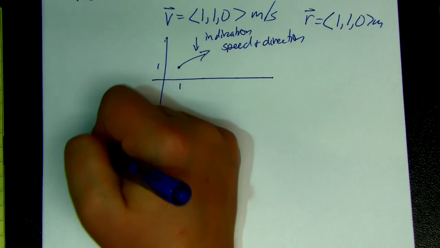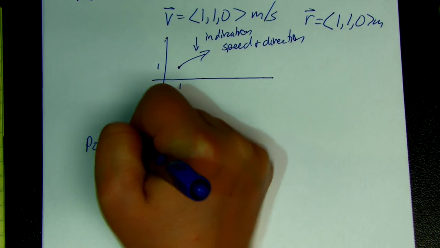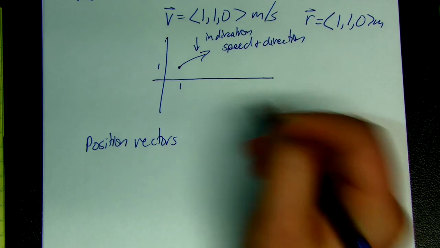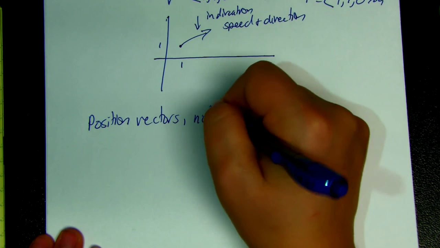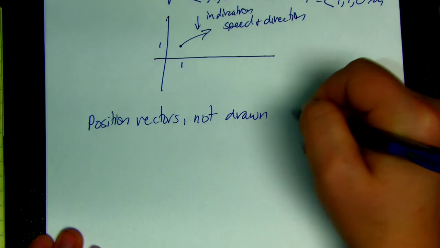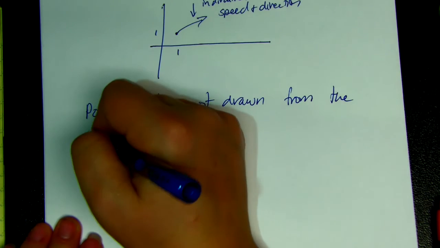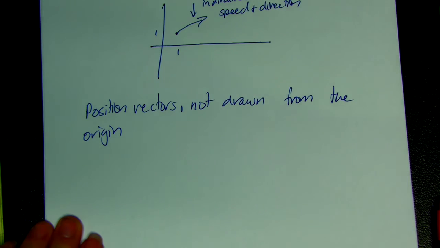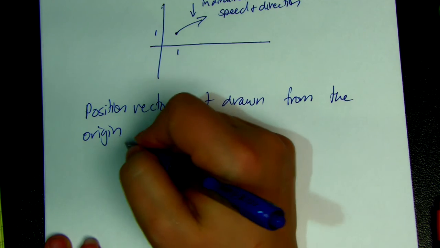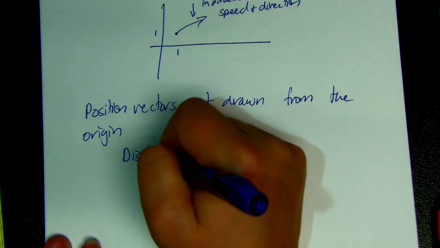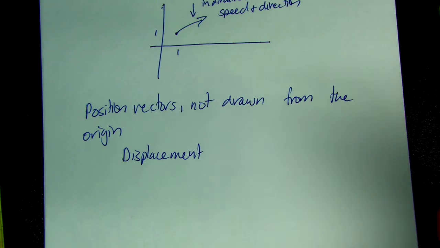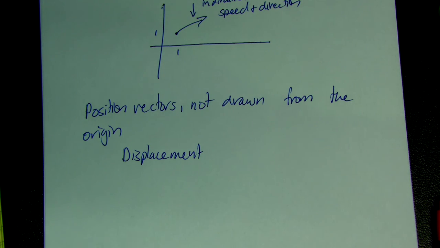Okay, so now I did say that not all position vectors are drawn from the origin. You could have a displacement vector. So displacement, we'll do a lot of this. This is basically how far have you moved and in what direction.